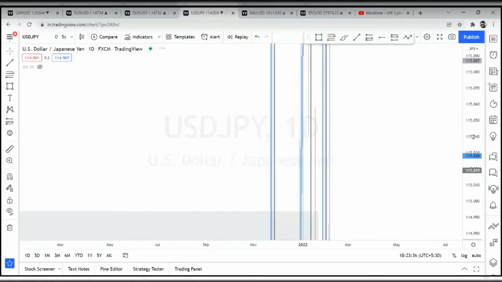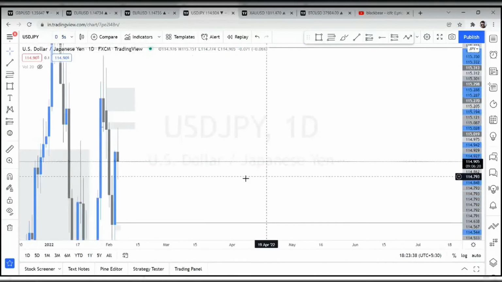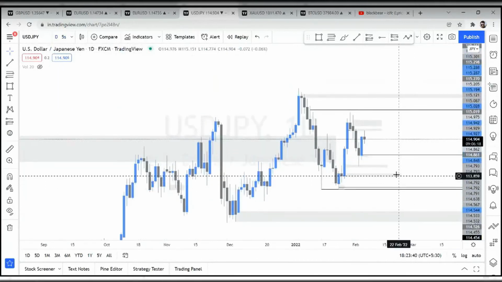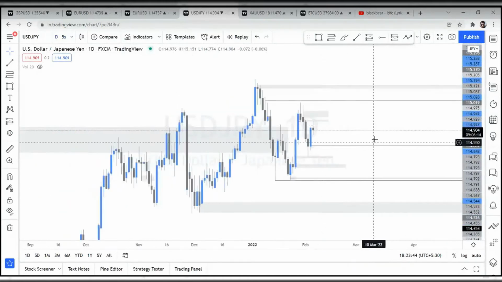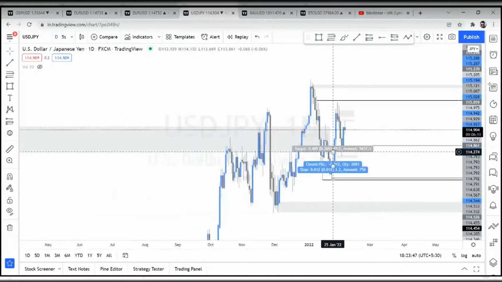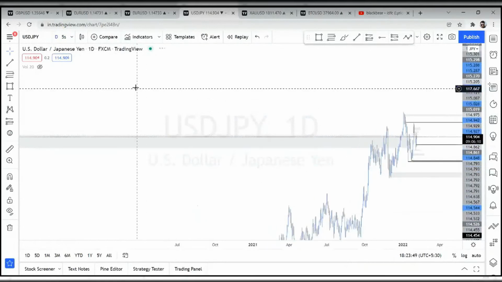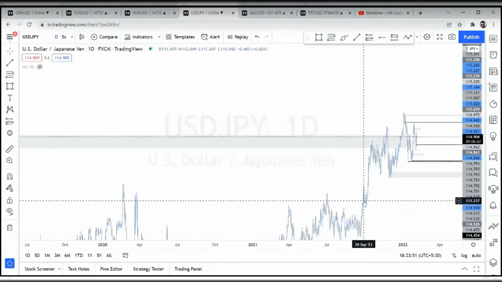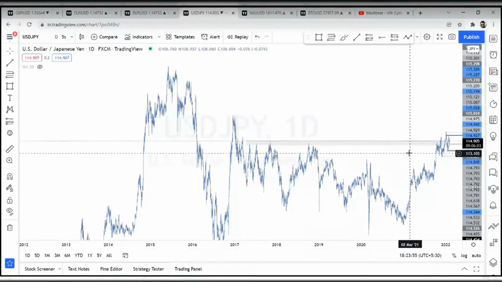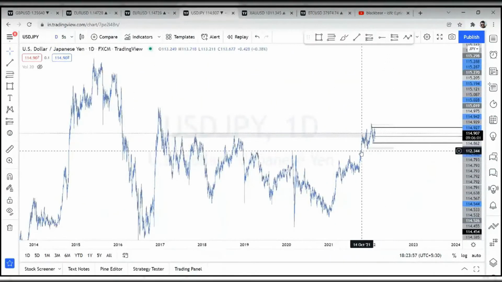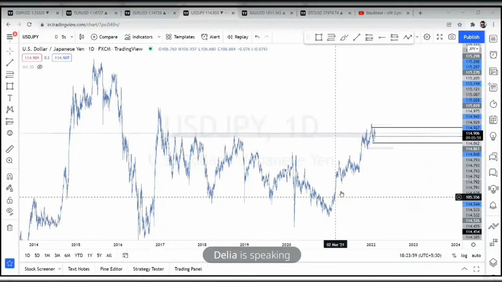All right. Is there any other pair? Maybe we can look at one more before we log off. GBP USD.